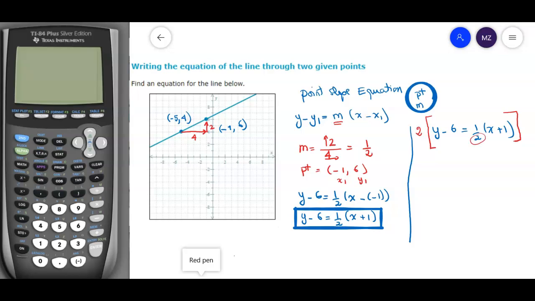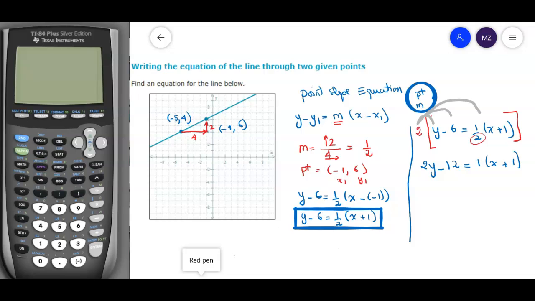The 2 is multiplied by the y, by the 6, and by this whole term. So I get 2y minus 12 equals, since the 2 and the 1/2 cancel out, only 1 times x plus 1. That's only one step to get rid of the denominators.